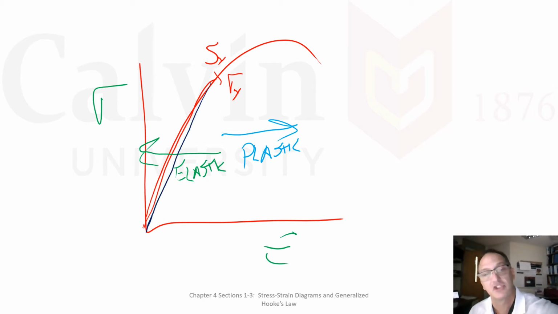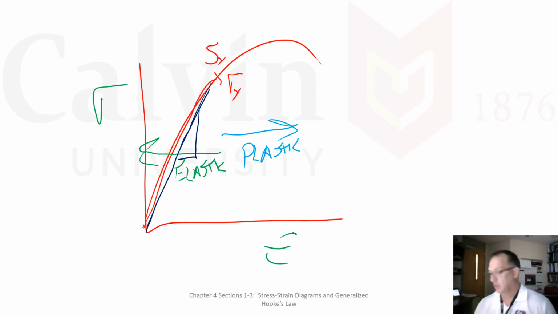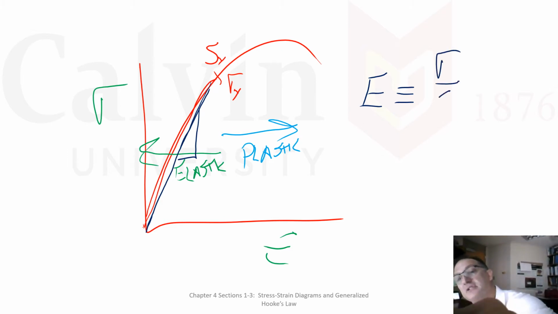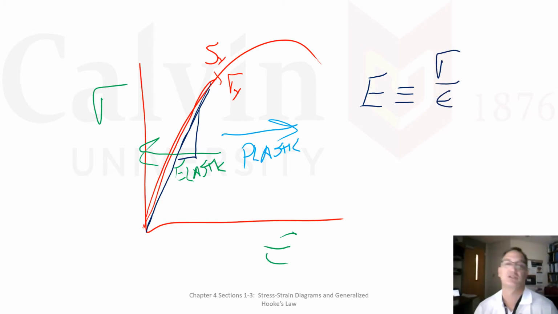Our axes on this plot are stress and strain, and the big thing that we're looking at is this slope here, that rise over run. We are defining Young's modulus, and by definition it is the stress divided by the strain. That's the rise over the run.